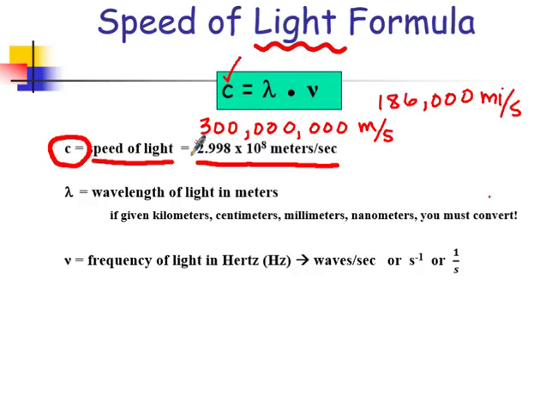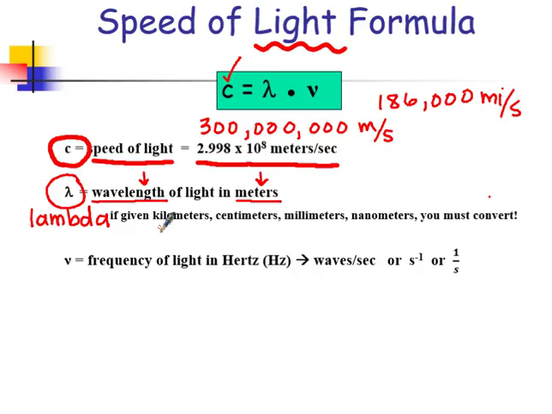Then there are 2 other variables we need you to know. My kids tend to call this the long-necked dinosaur. So they refer to this guy as dinosaur even though his name is lambda. This is your wavelength. Well, the key word here is length. We like to measure length in meters. Meters is a base unit. It's nice and pretty.